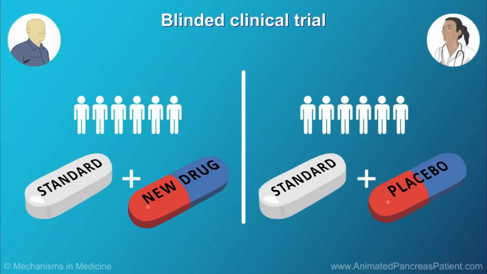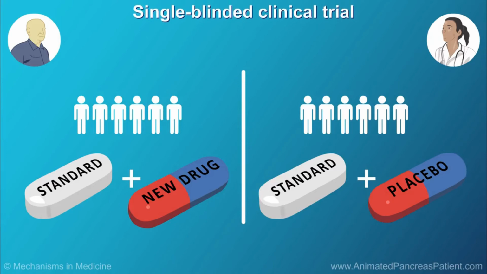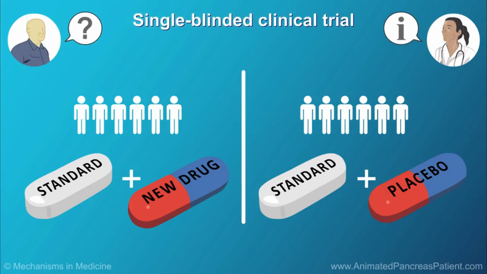These types of studies are often called blinded, meaning that one or more parties involved in the trial do not know which patients have been assigned to which treatment. Single-blinded means that only one party, either the researchers or the patients, knows which patients have been assigned to which treatment.